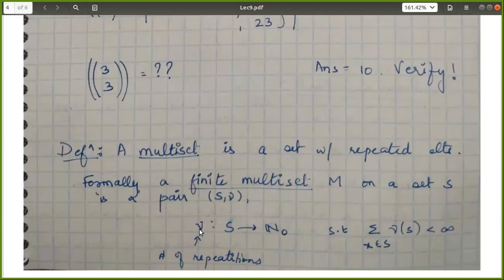What this defines is the number of repetitions a particular element gets in the multiset M. Since I said finite, when I run over all of S, the values of nu(s) should sum up to be finite.